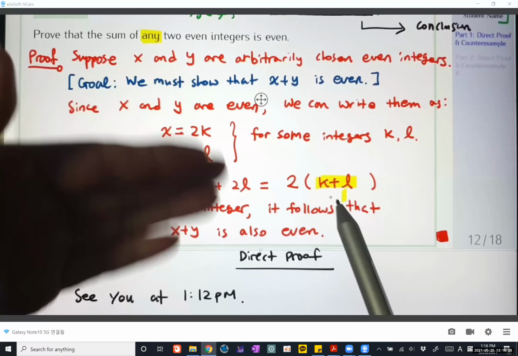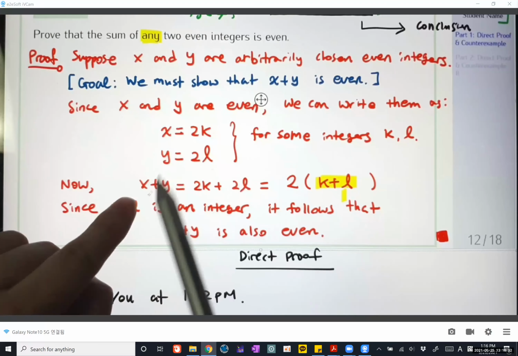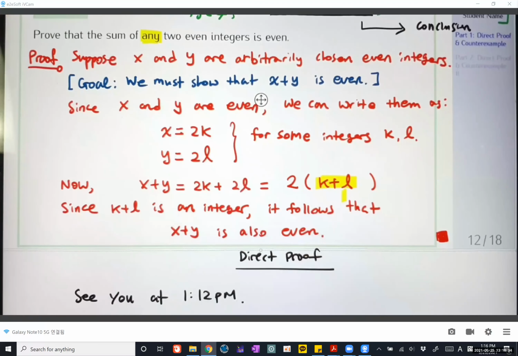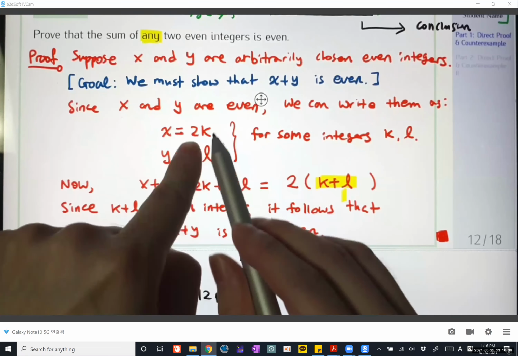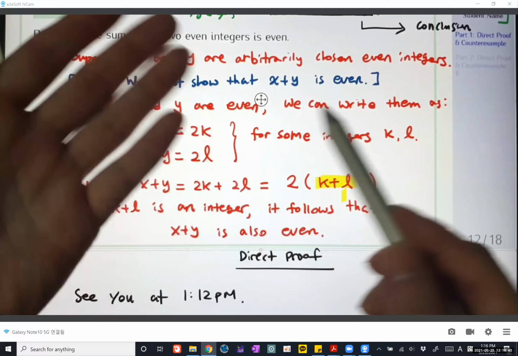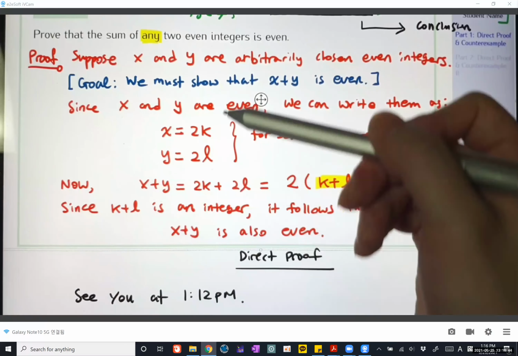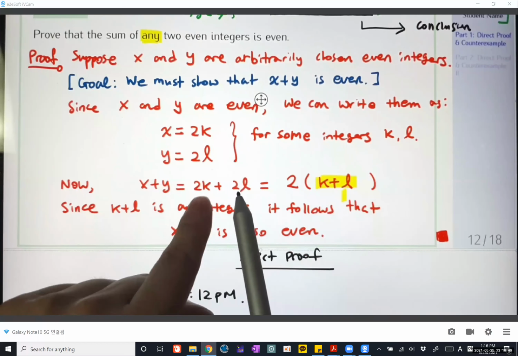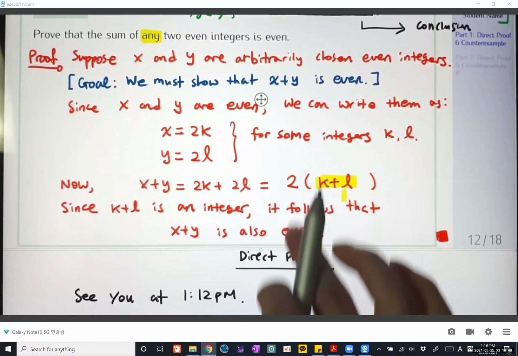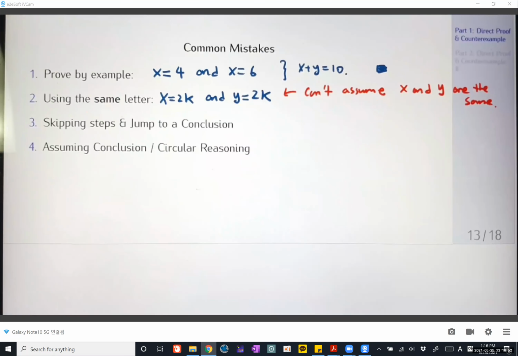But do you agree with me that we need to define what x is, what y is, and what k is, what l is? Do you understand? So we need to define what they are in order to use them. So skipping steps, or maybe even skipping this step to get this one, that's jumping to a conclusion, which is another common mistake.